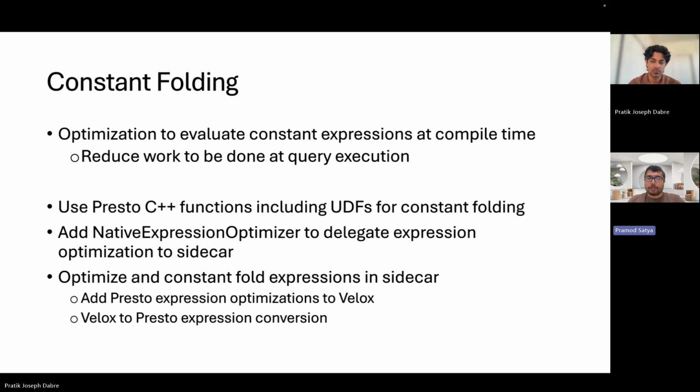To do this, we're introducing a new Velox to Presto expression converter. And in order to test these expression optimizations that we're adding in Velox and the Velox to Presto expression conversion, we'll be extending the expression fuzzer that's there in Velox. This is currently under development.